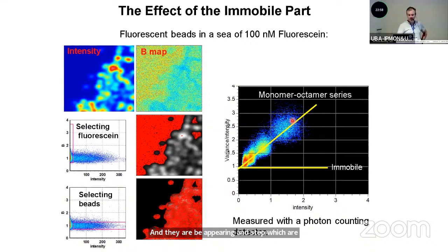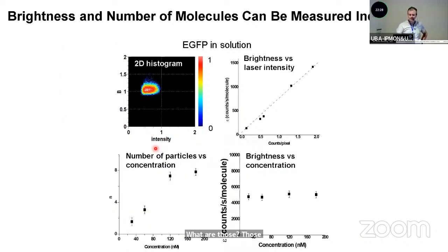Let's say if you have a brightness of 1.2 for the monomer, the expectation for the dimer is 1.4, and going on, 1.8 and 2 point something, right? So this is the thing. You go here and select a region of interest, and you trace back what those pixels are on your image.